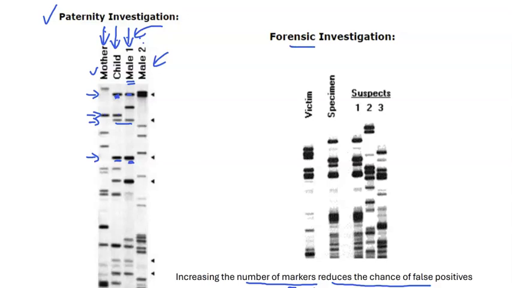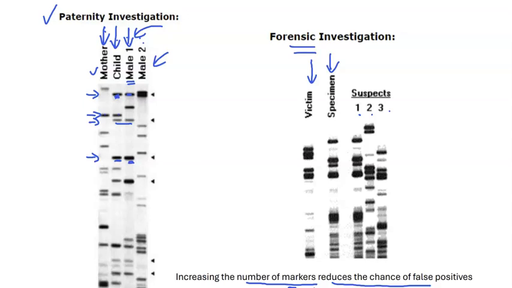Within forensic investigations, we have in our comparison here a victim, a specimen DNA which is taken from the crime site, and then we have 3 suspects labeled here as 1, 2, and 3.